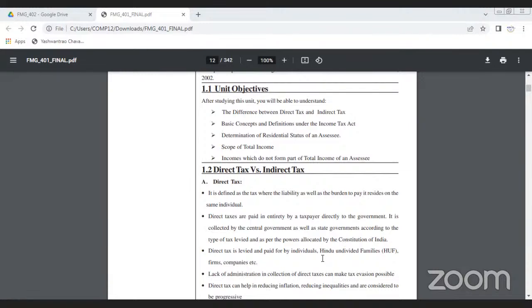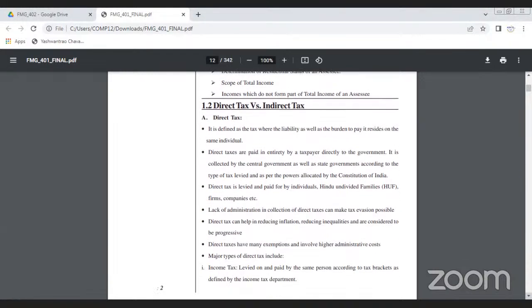Direct tax can help reduce inflation and reduce inequalities, and is considered progressive. Direct tax has exemptions and involves higher administrative costs.